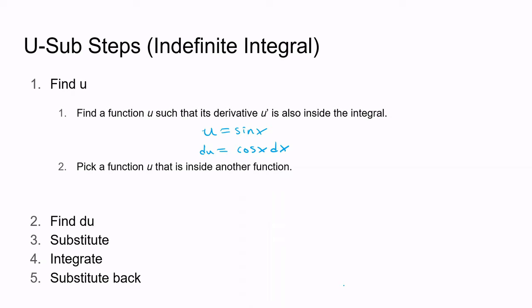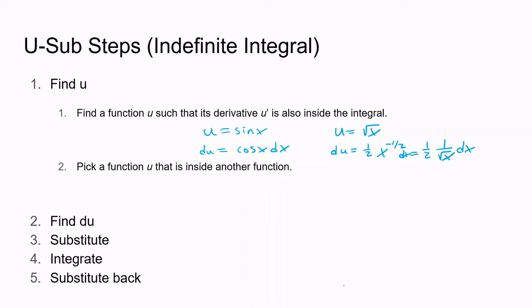Other ones that we've seen already: u as square root x, du as 1/2 x to the negative 1/2, or 1/2 1 over root x. Don't forget your dx. Pretty much anything you could think of that we've done with derivatives could be somehow in there. So that's one way to do it.